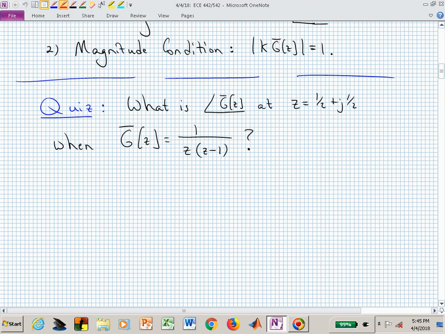And then g bar of z will be a complex number, and you just find its angle. That's fine, but I want us to start thinking maybe with diagrams. In particular, we can now think about the z-plane.